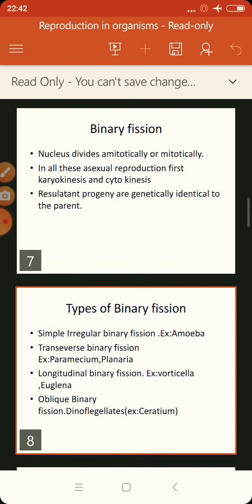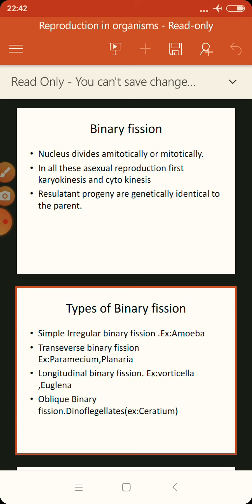So in all this asexual reproduction, first comes karyokinesis. What is karyokinesis? When a cell has to divide into two, the first step is that the nucleus divides into two. Karyon means nucleus, so we call it karyokinesis.